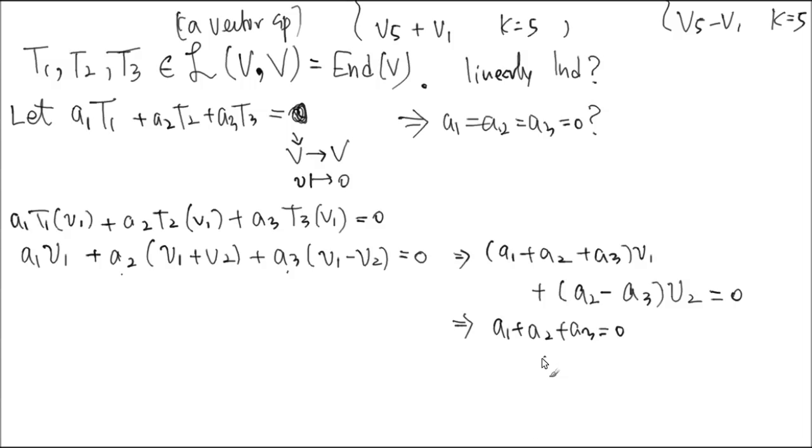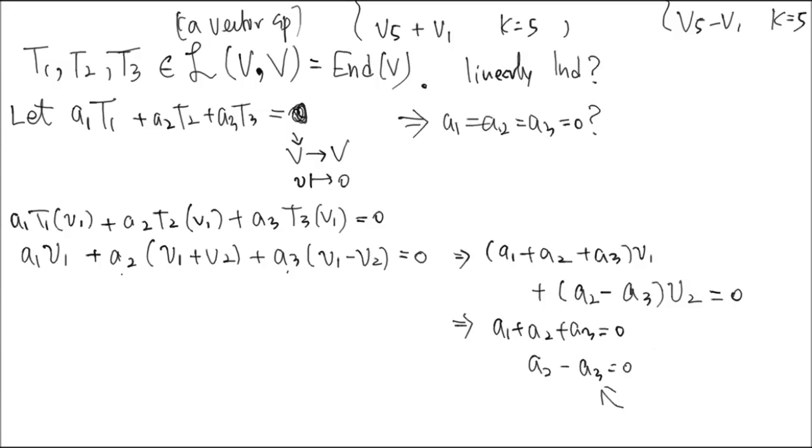What about the next one? A2 minus A3 is 0, right? So does that imply that A1, A2, A3 are all 0? You can stick A3 as 1 here and come up with all the other combinations. You see the one free variable? So we failed to show A1, A2, A3 is 0, right?